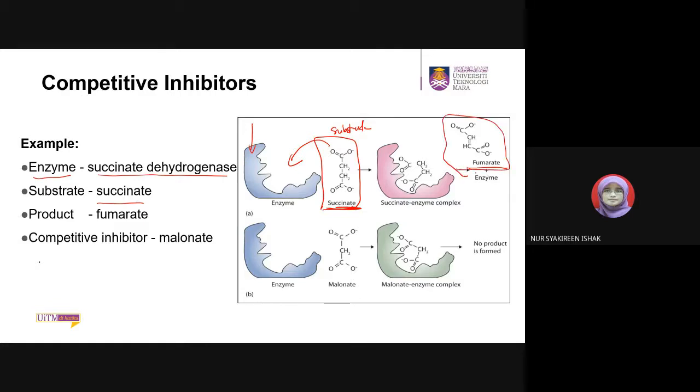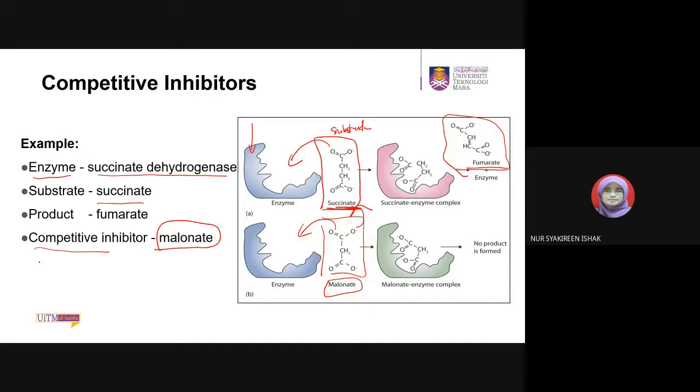fumarate. Okay. But in the presence of an inhibitor which is malonate, which is a competitive inhibitor to the succinate. So as you can see, the structure of malonate is similar to the structure of succinate. So because of the similarity, this enables the malonate to compete with the succinate to bind to the active site.